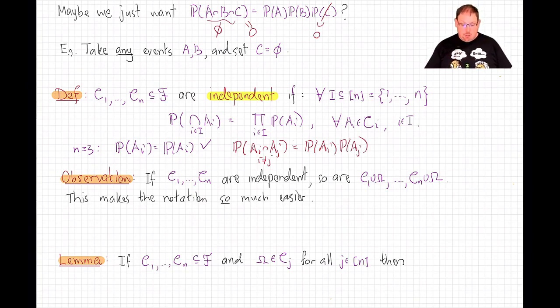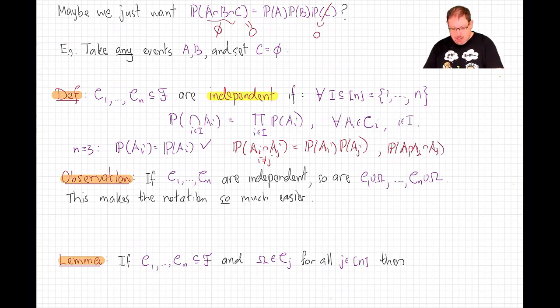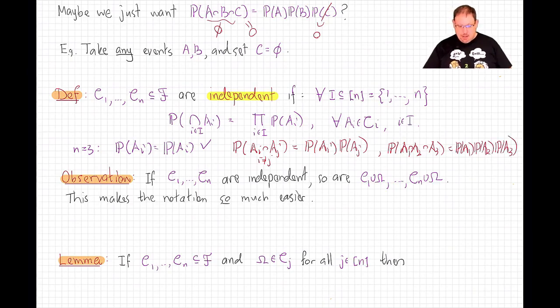And then the 1 3-element set gives us that the probability of A1, A2, A3 intersected is equal to the probability of A1 times the probability of A2 times the probability of A3. So this condition here gives us all of the double, triple, quadruple, etc. comparisons that we need together to mean independence.